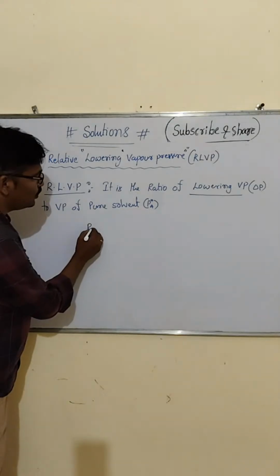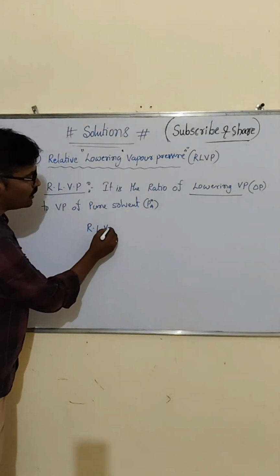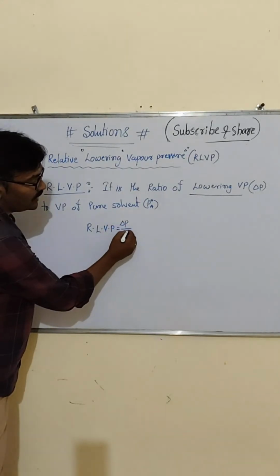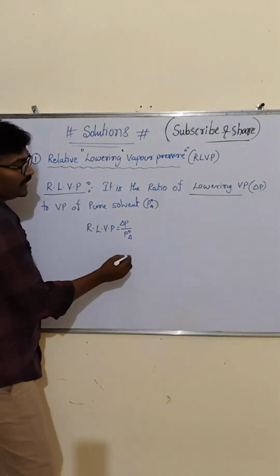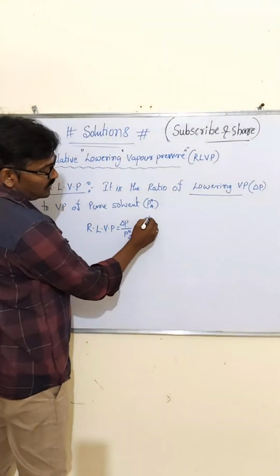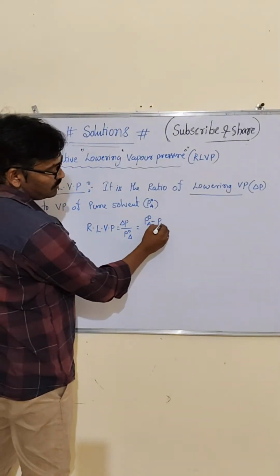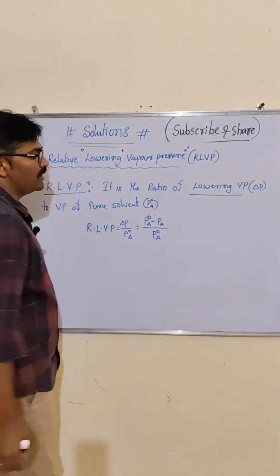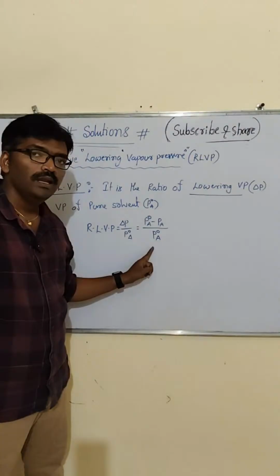So relative lowering of vapor pressure equals delta P divided by P naught A, that is P naught A minus PA divided by P naught A.